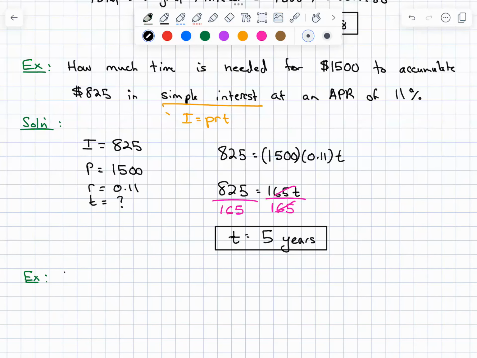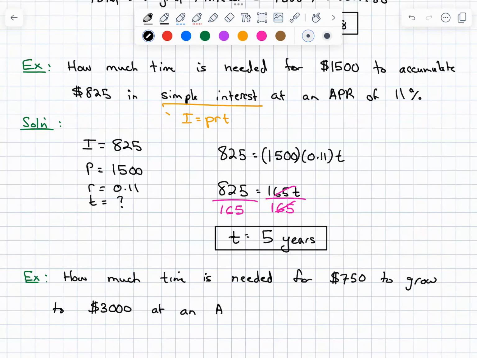How much time is needed for $750 to grow to $3,000 at an APR of 15% simple interest.